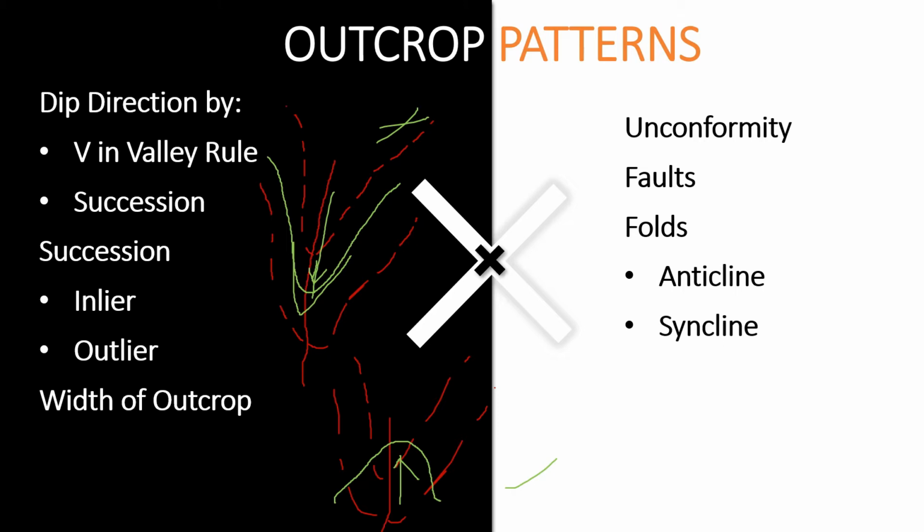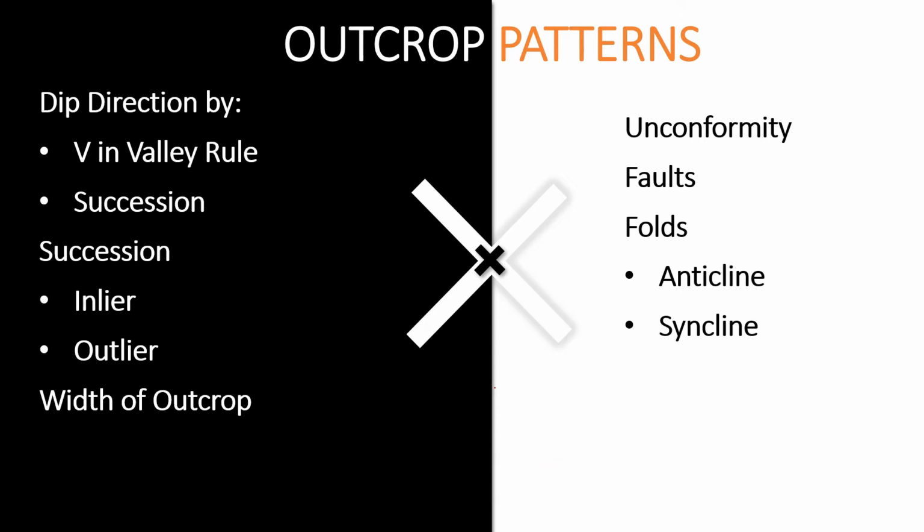So regardless of the direction of the flow of the water, we must always base our interpretation on the V-shaped outcrop, regardless of the V-shaped contour and regardless of the flow of the river. So always remember that.